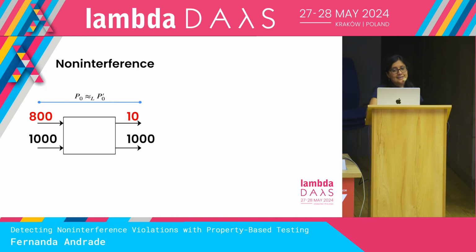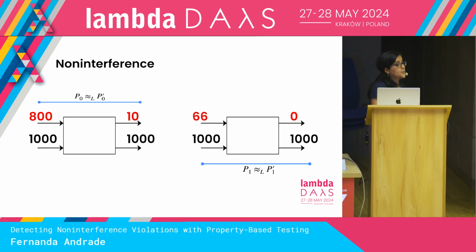This program, again, has the two levels, and if we erase all protected data in this first program, this program remains the same. And now we have another program that also does the same thing. So non-interference holds if two programs remain equivalent after each program is executed from the attacker perspective.